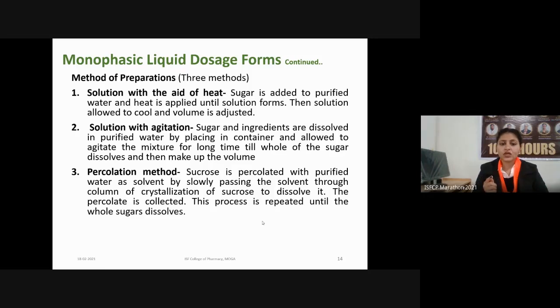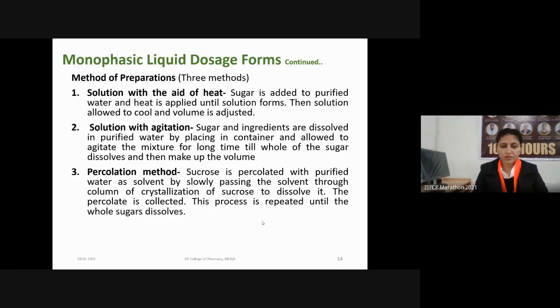So it will promote microbial growth or fungal growth over the uppermost portion. So it is advised that while using this aid of heat method, we should allow the solution to cool completely. We should not cover the solution. After the solution is cool, only then can we close the container.